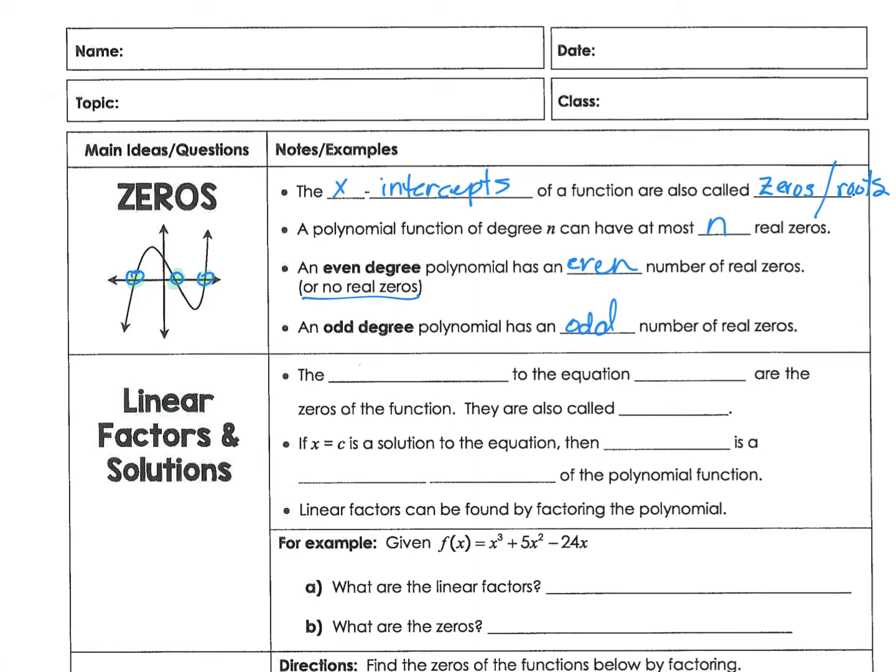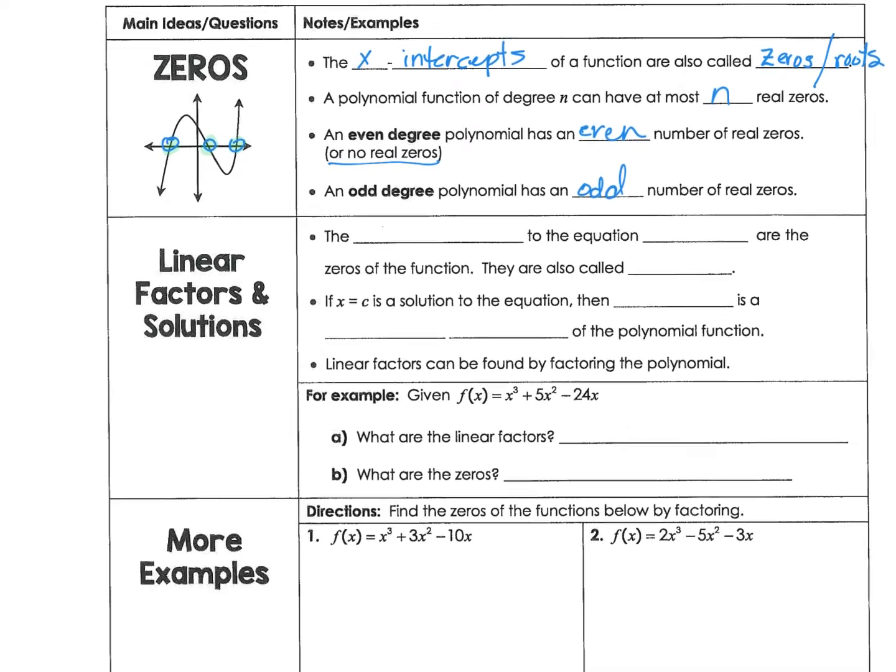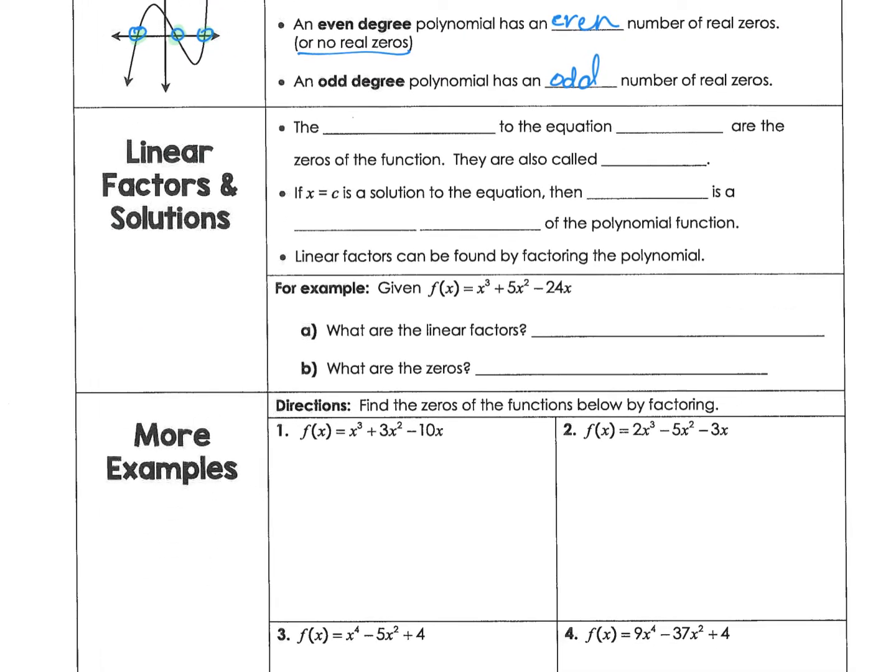Now, the solutions: how do we find those linear factors? We're calling them linear factors. Why do we call them linear factors? How do we find the zeros of a function? We factor it, and we set the factors equal to 0. Each one of those factor groups is what we call a linear factor.